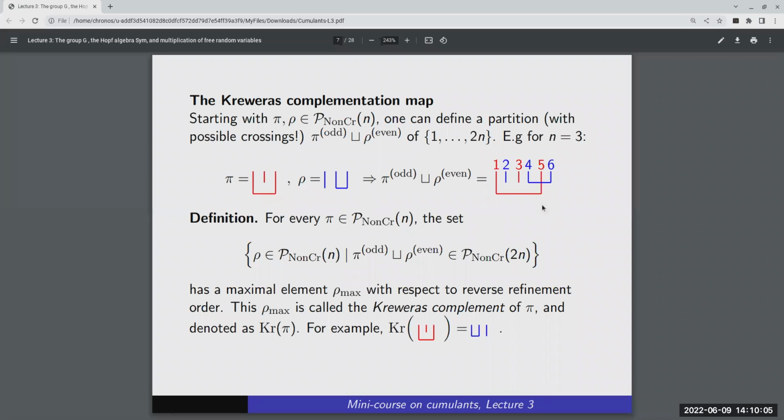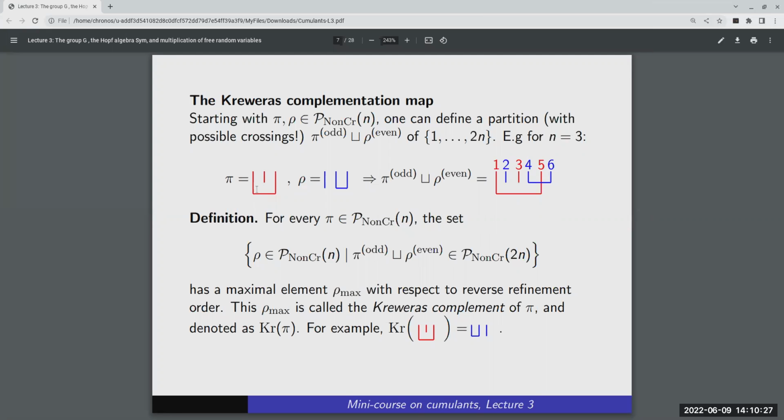The fact is that if you fix pi and look at the rhos which in this game produce a non-crossing partition of 2n points, there is one of those rhos which is bigger than all the others in the order, and that is by definition the Kreweras complement.